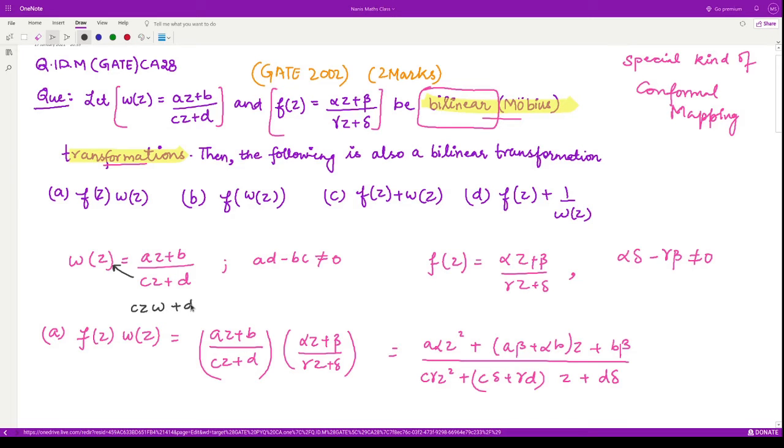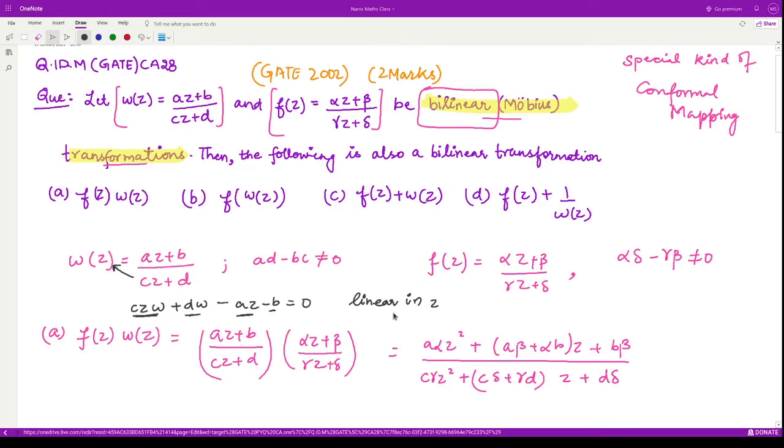czw plus dw minus az minus b is equal to 0. Here you see this equation is linear in z. How? You can take z common from these two terms, so you would have z to the power 1 into something plus the constant term.